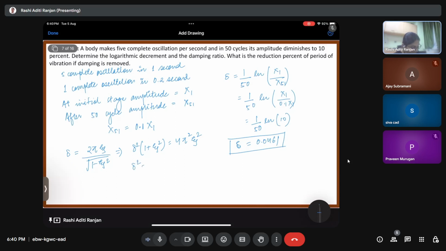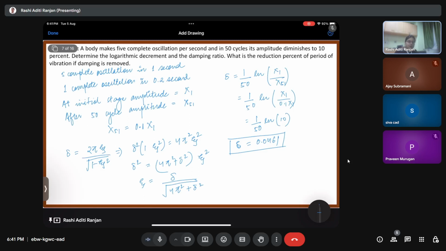So we can send it to the other side: 4 pi square plus delta square, times eta square, equals delta square. So we have eta as delta by the root of 4 pi square plus delta square. Now you see over here, delta is very small, so if I square it, it will turn out to be a much smaller number.